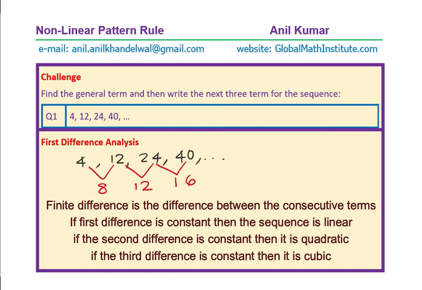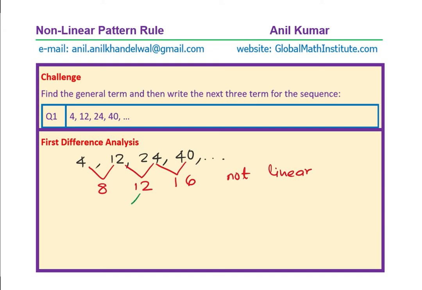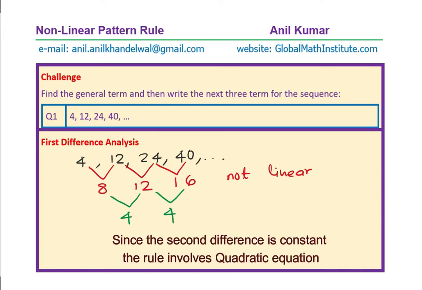Since the first difference is not constant, it is not linear. Now, let us find the second difference. Between 12 and 8, the difference is 4, and 16 minus 12 is also 4. So we see that it is non-linear, but it is quadratic in nature, right?